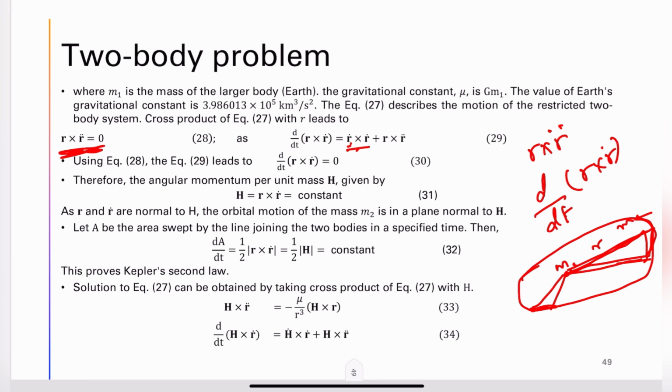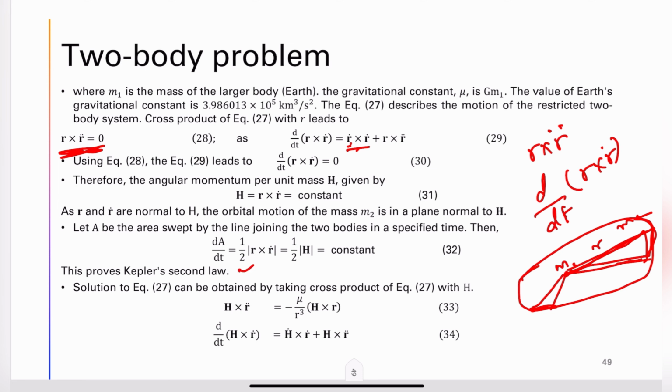The area swept by the line joining the two bodies in the specified time is given by dA by dt is equal to half r cross r dot, which can be written as half h, which is a constant. So this proves Kepler's second law, which we have already proved in the previous expression.